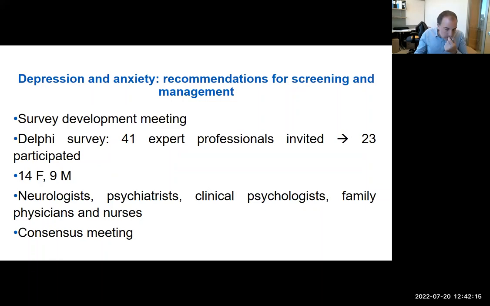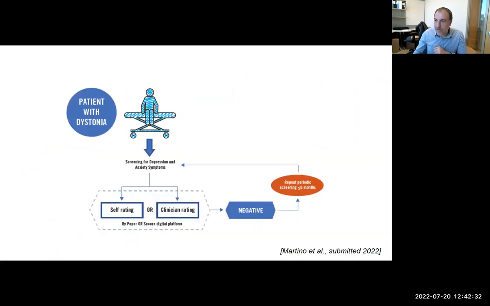We completed our qualitative study by conducting a Delphi survey with 23 health professionals who are expert in the treatment of dystonia across different professions, and the outcome of this was essentially the development of a bundle of care or pathway of care, which I'm not going to get into great detail. This is just the initial part of it.